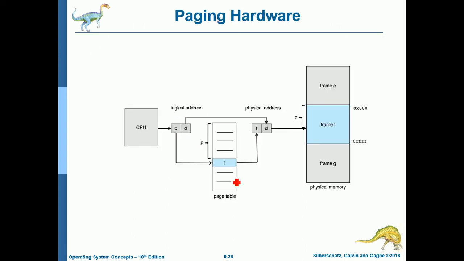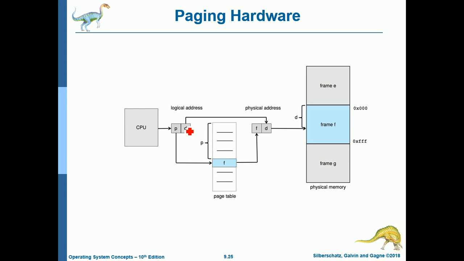Okay, so how does the paging hardware work? For example, the CPU's logical address will be composed of the page number and the page offset, as already indicated here. Then the page number points into the page table, which holds the corresponding values for the logical address space.